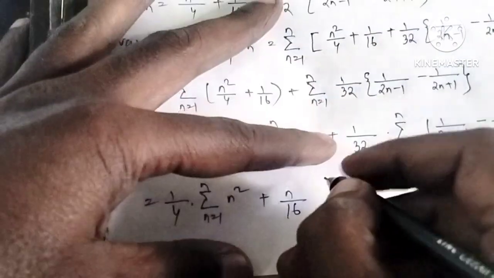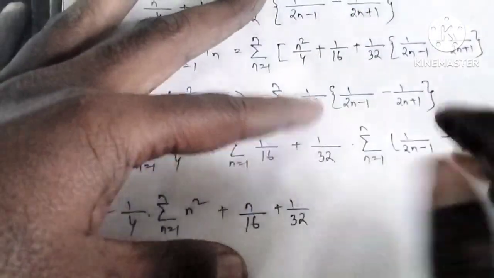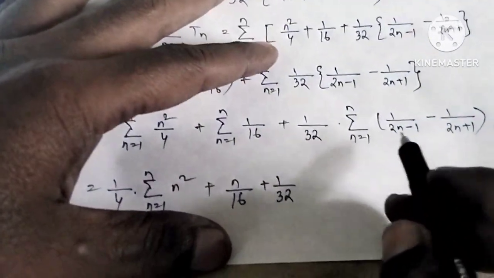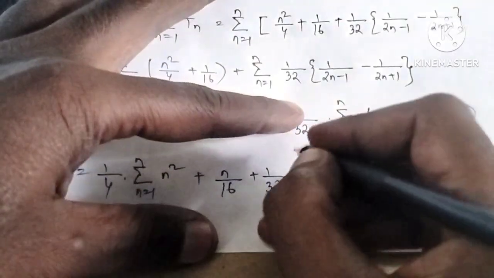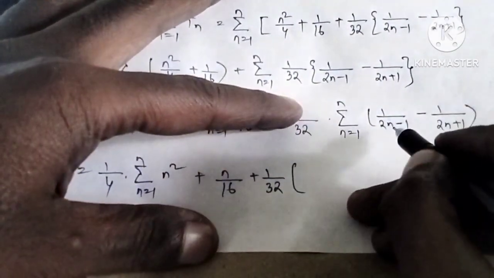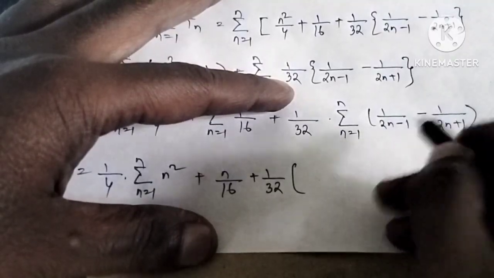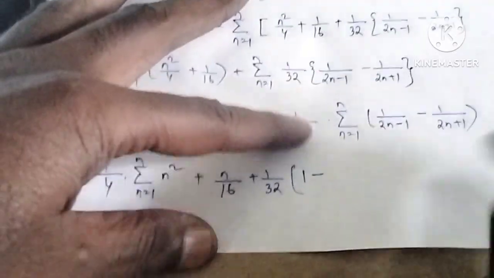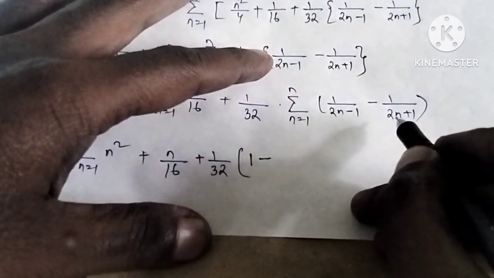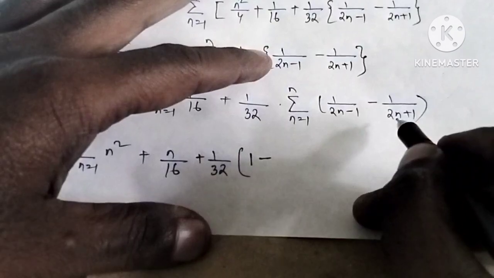Okay, plus 1 by 32. Okay, so sigma here is from 1 to n, so it will be 1 by 2 into 1 minus 1, that means 1 by 1, that is 1, minus 1 by, if we put 1 in place of n, 2 into 2, 4.